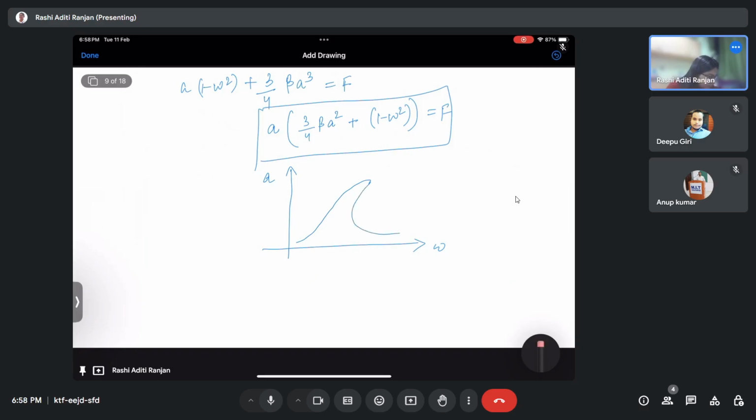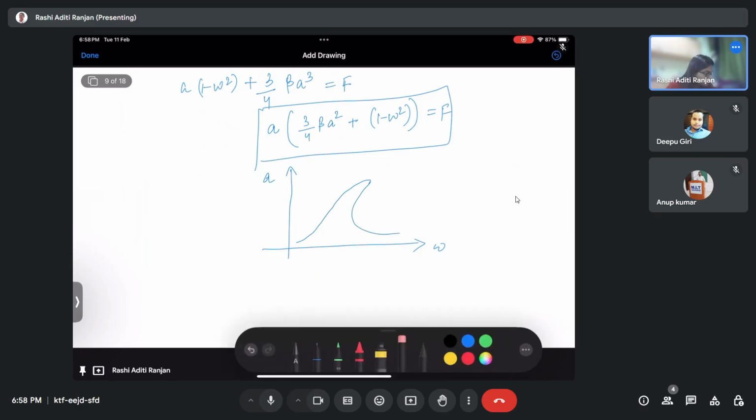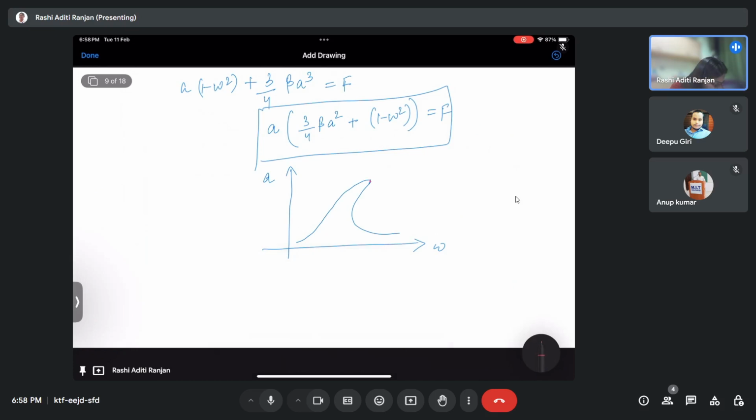Looks better. Let's change the color to red. Now we'll see I have 2 points. One is this point, the other one is this point.